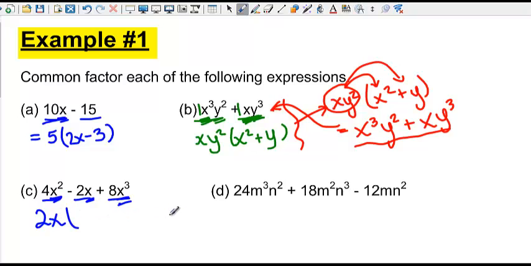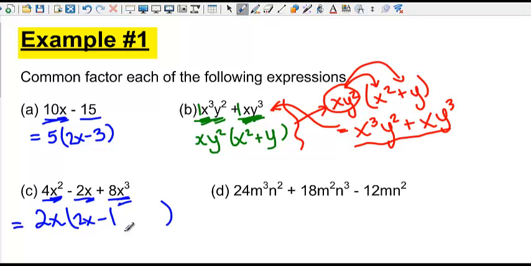Once I've taken out 2x, I'm going to see what I would get left. So I'm left with a 2, and I'm left with 1x here. The second term is a bit awkward, because if I divide minus 2 by 2, I'm left with minus 1. I'm going to write it for now, because x divided by x is also 1. So I'm not left with nothing, even though 2x is on the outside.